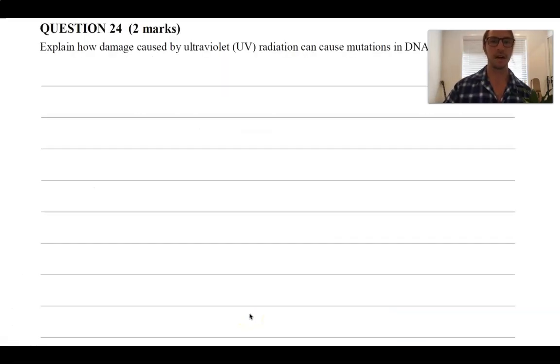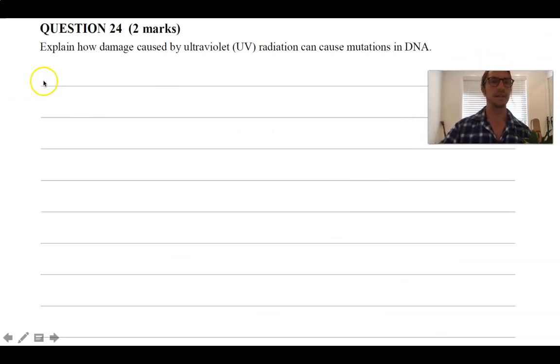Okay, let's do one more question together. And it is 2 marks. Explain. So how many sentences did we say for explain? How damage caused by UV radiation can cause mutations in DNA. Let me give you a bit of context to this.